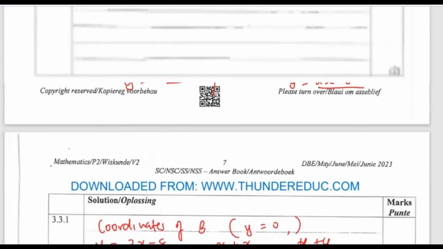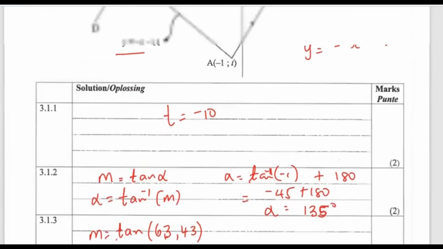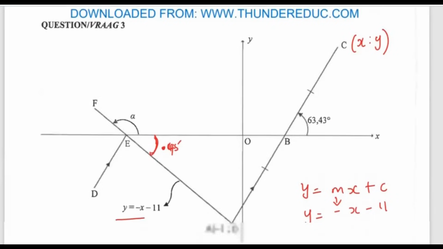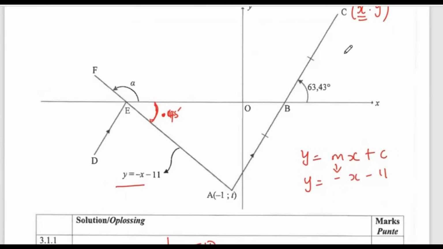So if I call the coordinates of C x and y, I combine this x and this -1 so that I can get my 4. The x and this -1 must give me a 4. And then this y and the -10 combined using the midpoint must get to 0.